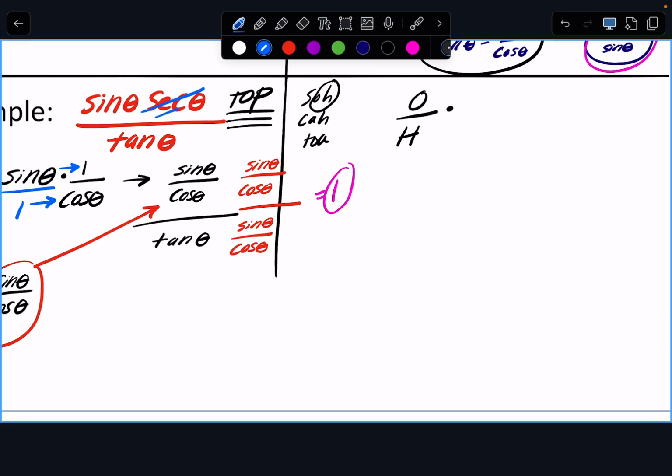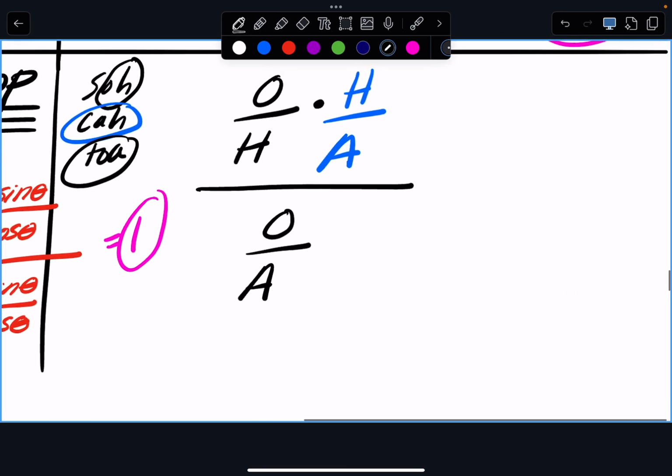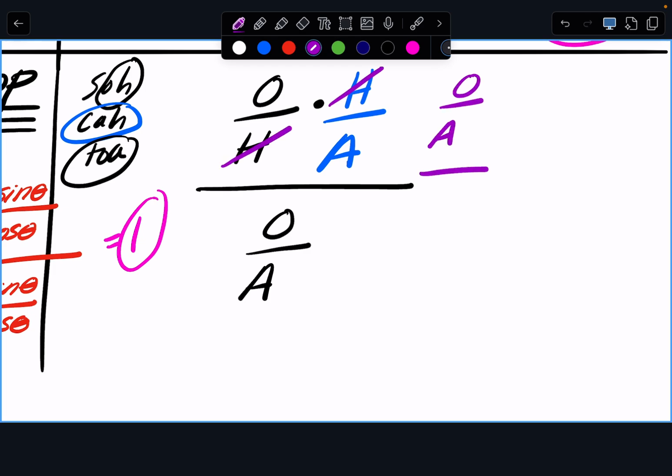So then you guys understand that secant is H over A. Then divided by tan, O over A. Do you guys see how we've just written these as O's and H's and A's? Now you'd say, okay, let's figure out the top first. So we multiply, the H's divide out. So we have O over A divided by O over A, which is 1.